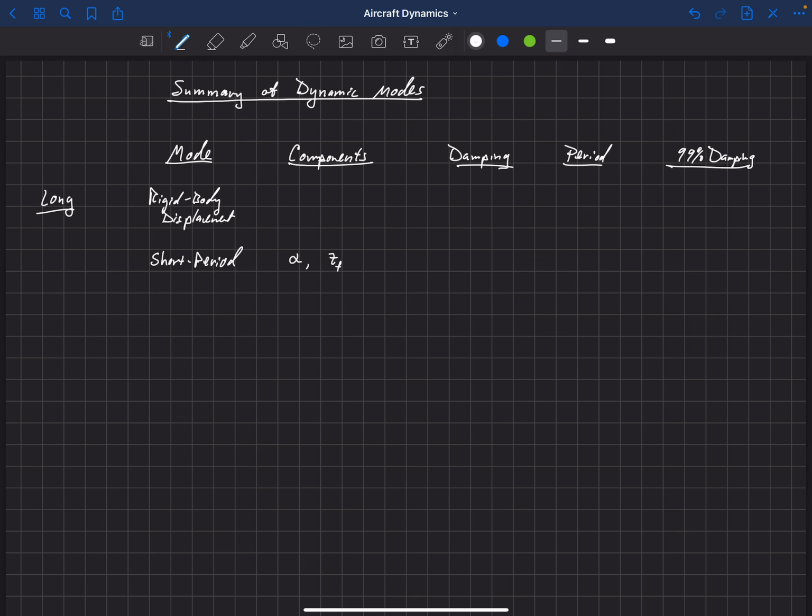That's our height above ground, the z in the Earth fixed coordinate system, which is altitude. This is a heavily damped mode, with a period on the order of a few seconds, so we're going to say like 1 to 3 seconds, and then 99% damping on the order of about 1 to 5 seconds.